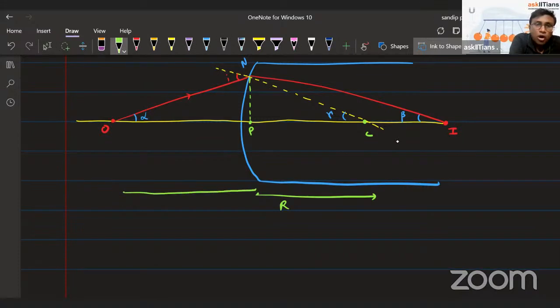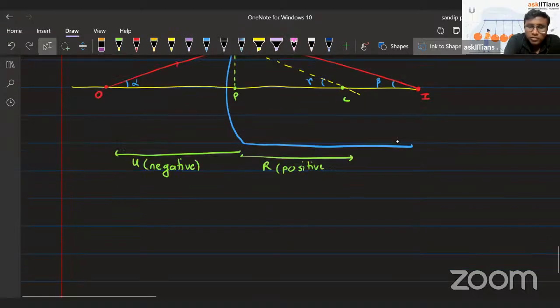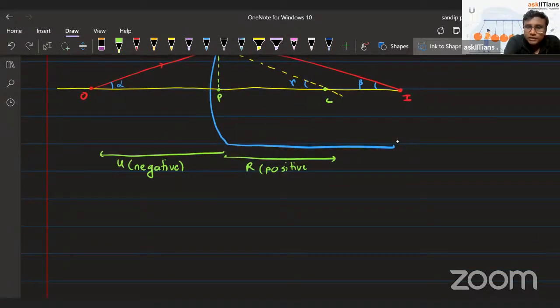This distance is the object distance, so you can call it U. This U will be negative because of the sign conventions from the pole: all distances towards the left are negative. And this R will be positive. One more thing is the image distance, let's say V. V is also positive here.